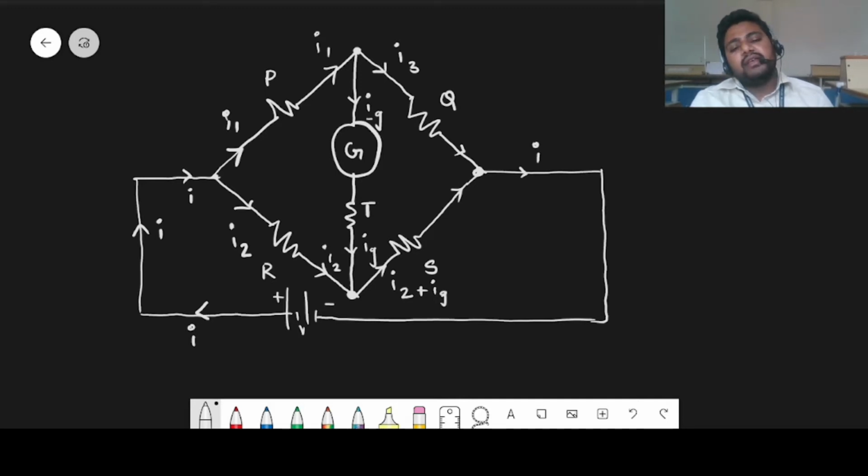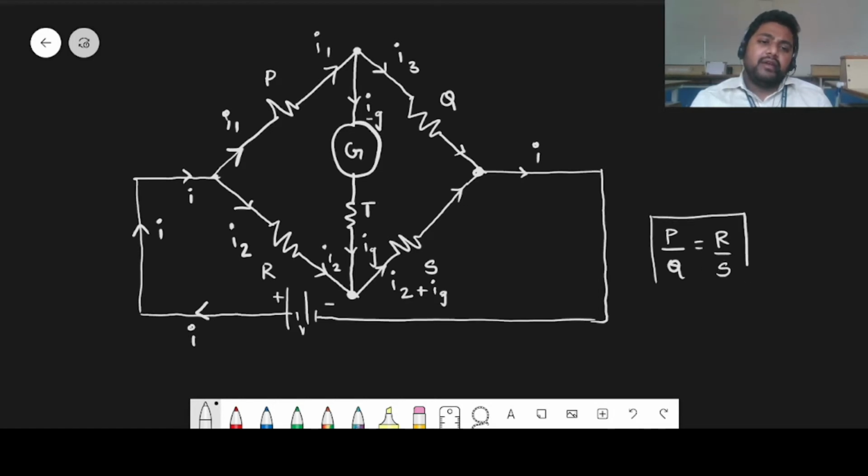So basically in the experiment what he has observed, if the ratio of P by Q is equal to R by S, then the galvanometer which is connected to that bridge shows a current reading of 0.